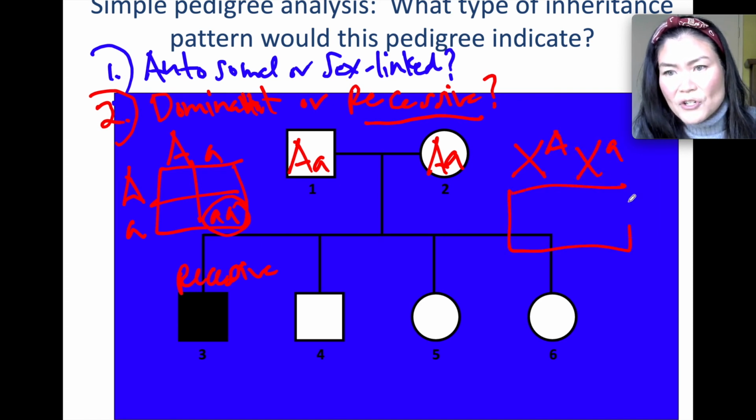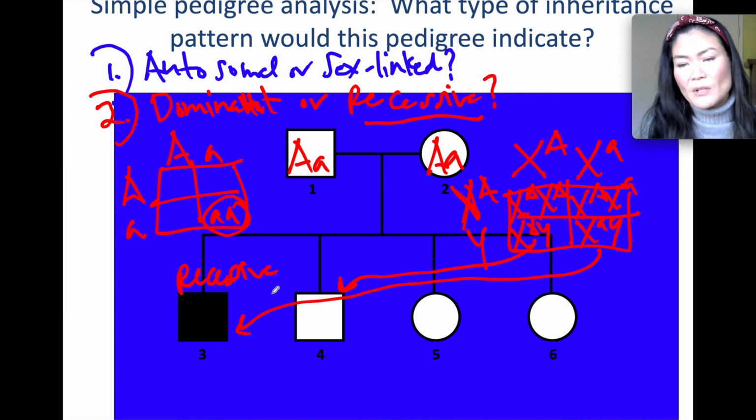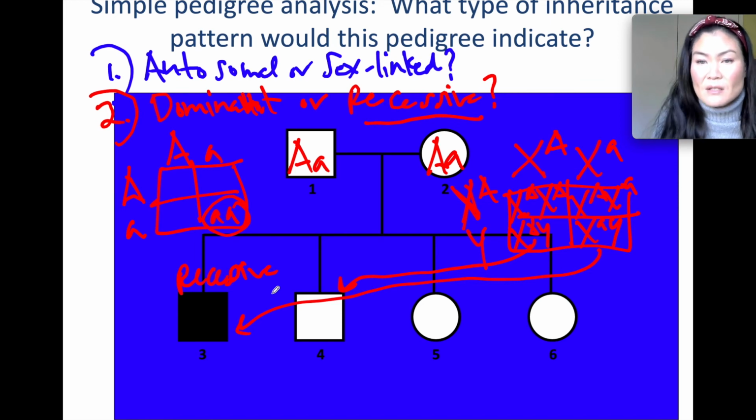The dad for sure doesn't have it, so he's got to be X big A Y. So that son could be X little a Y, and this son could be X big A Y. We can't tell if this is sex-linked, but we can definitely know that it's recessive.